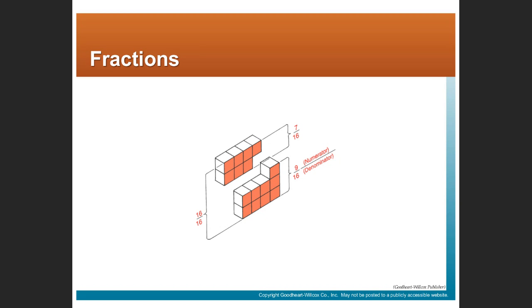So in the case of 9/16, it means that something was divided into 16 parts, and we are considering 9 pieces of that whole that's been divided into 16 parts. So again, the number on top is the numerator. The number on the bottom is the denominator.